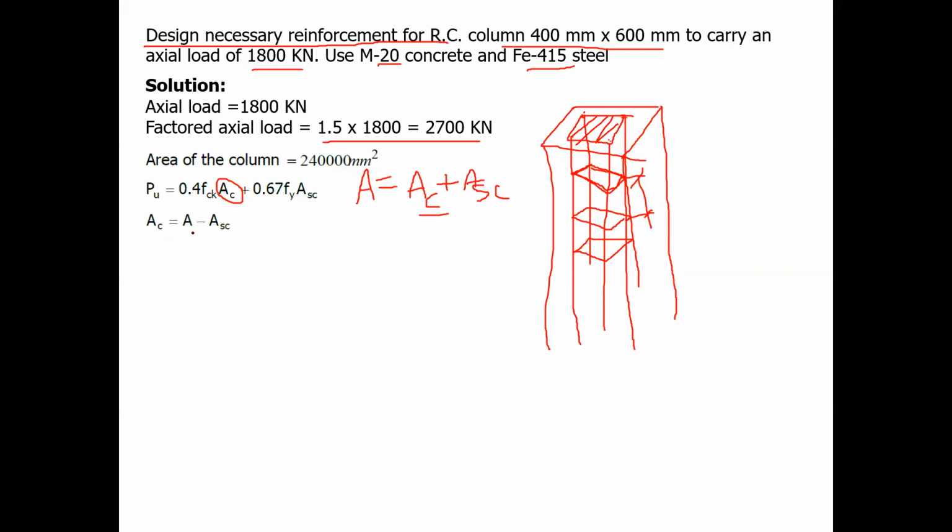Area of concrete is equal to A minus Asc, which is equal to 400 into 600, that is the total area of the column, minus the area of steel. So this will become 24 into 10 power 4 minus Asc.